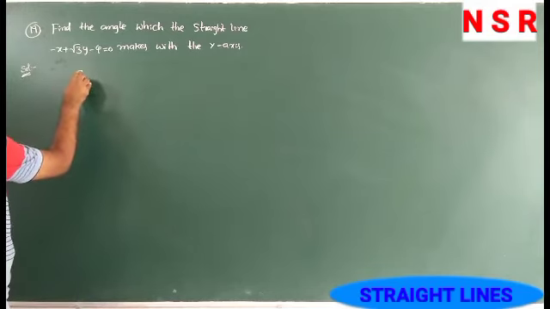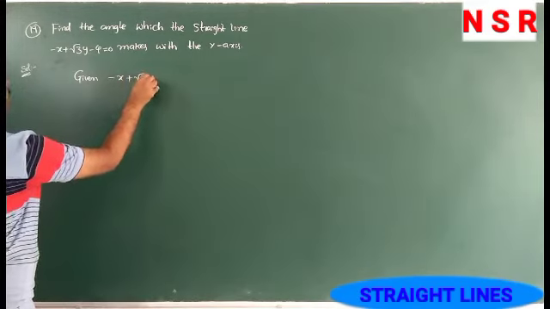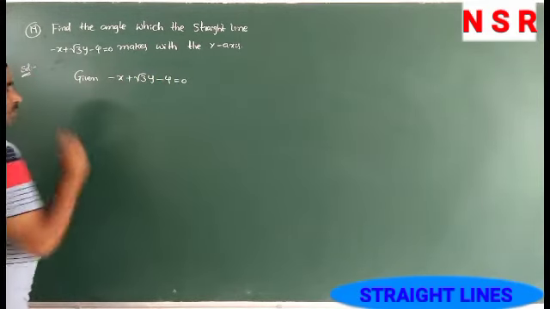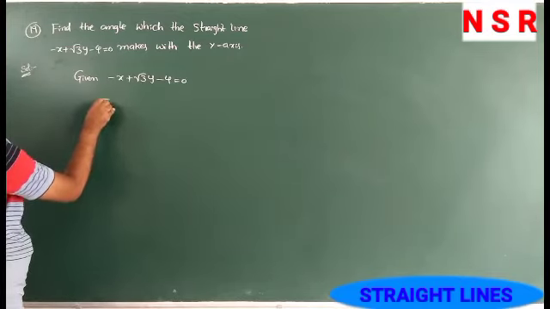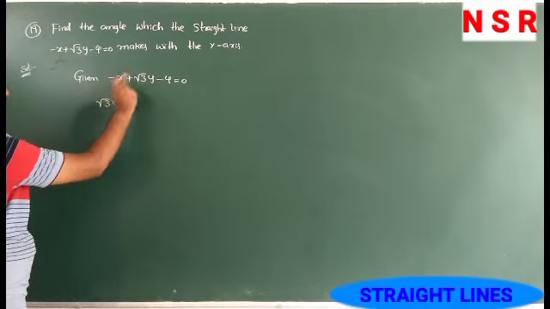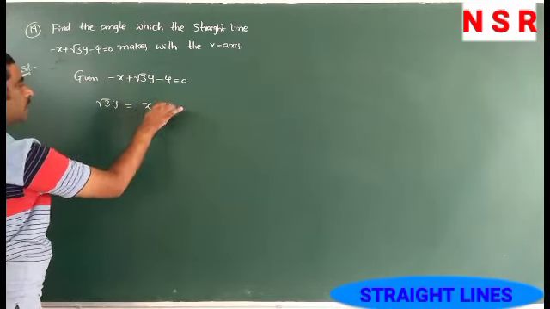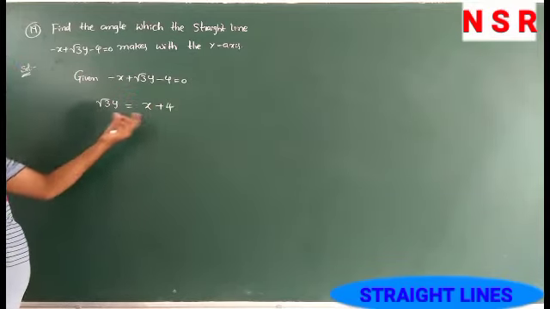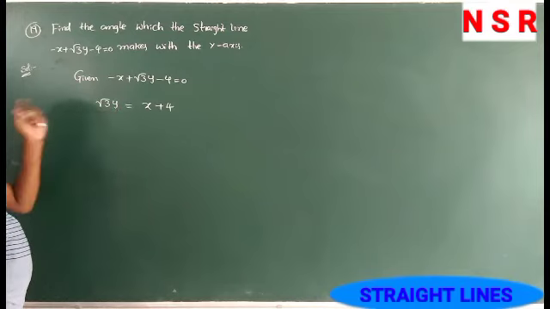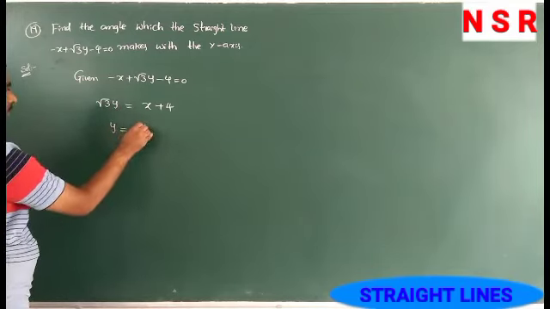Given minus x plus root 3y minus 4 equal to 0, so root 3y equals x plus 4 after moving terms to that side. The y coefficient should be 1, so root 3 moves to the denominator.